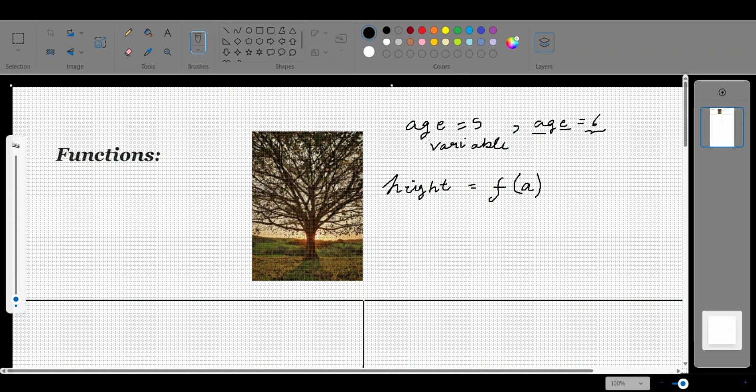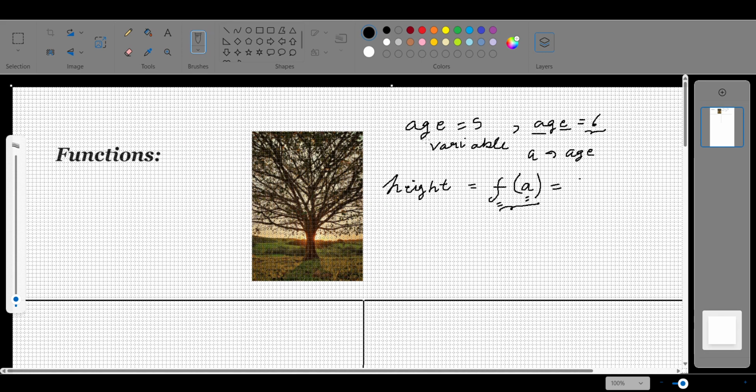Let a be the variable that represents age. I'm just taking single letters because that's more conventionally used, but it's your choice. So we could say that f of a represents the height of the tree, saying that this height, which we're representing with the function f, is dependent on this variable called age, which we're representing with a.